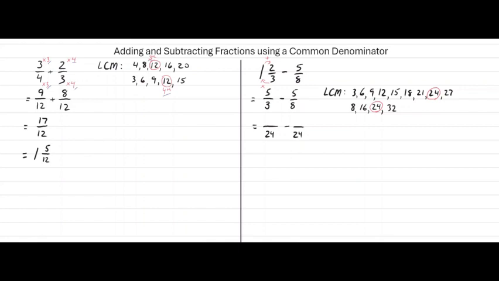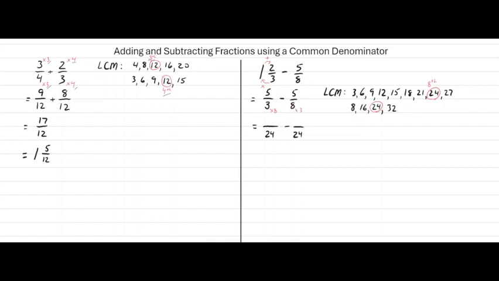Okay, the first thing I'm going to say is, all right, 3 times what is 24? And that's 8. Remember that if you're not sure, if I look at the multiples of 3, 24 is the 8th number in that line. Same thing for the 8. It would be times 3.